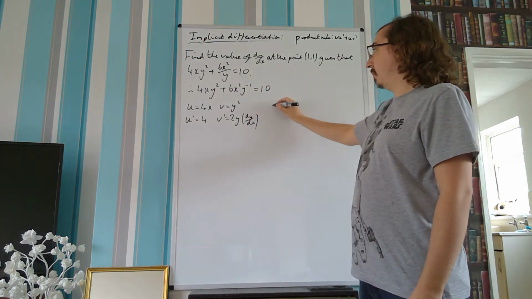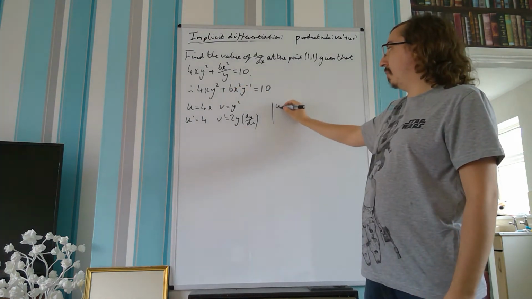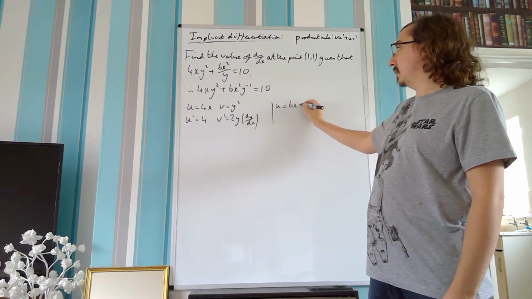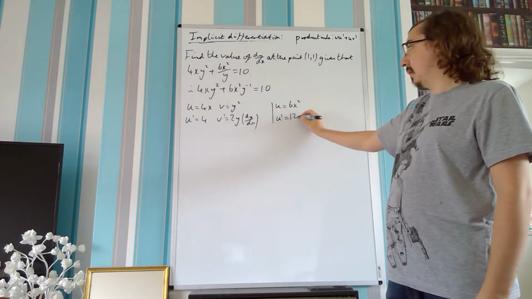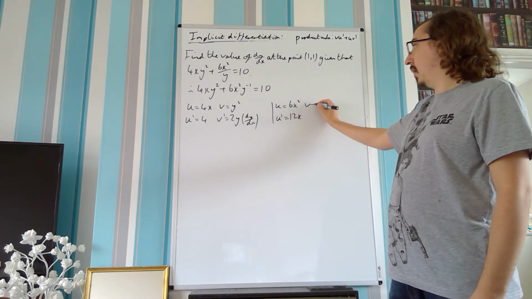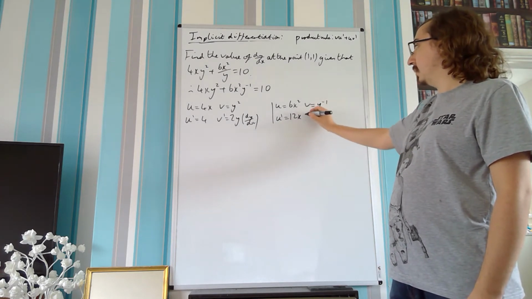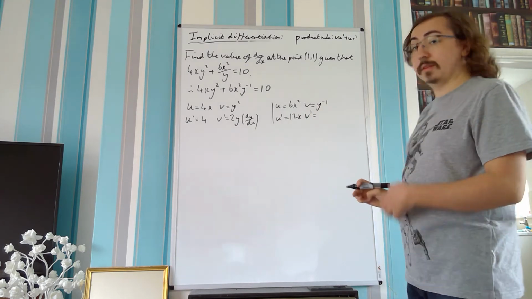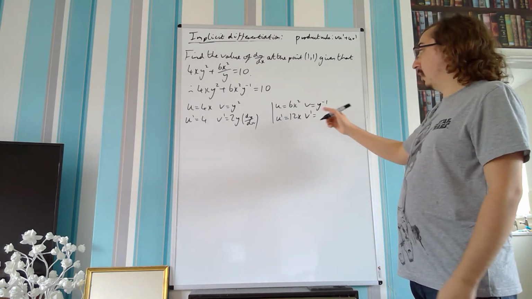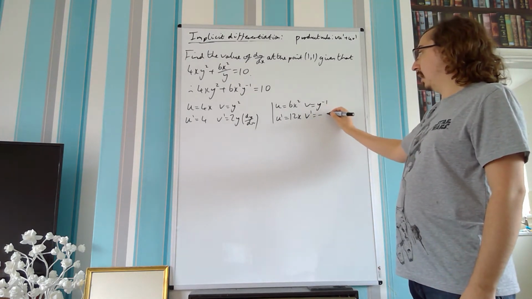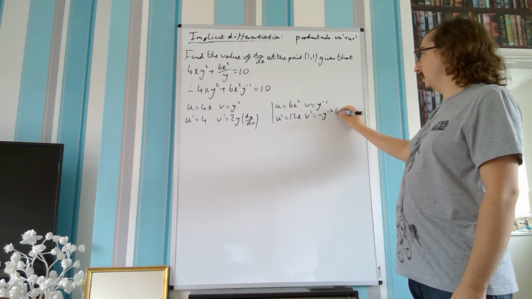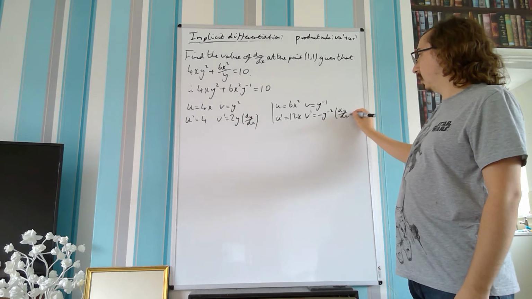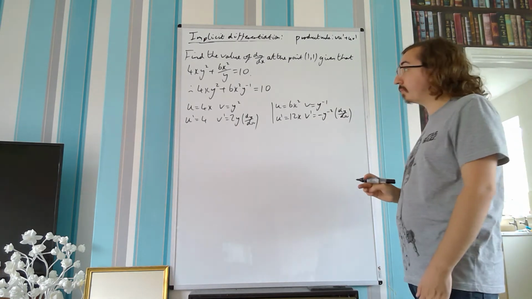Similar idea for the other part: our u is 6x squared, the differential of that is 12x, our v is y to the minus 1, and the differential of that with respect to x is minus y to the minus 2 times dy by dx.